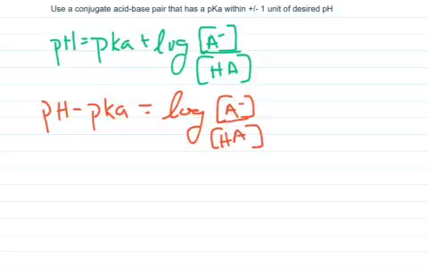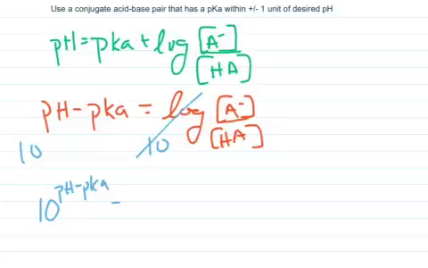Now, to get rid of the log, we need to take 10 to the power of both sides. So 10 to the pH minus pKa will equal that base over acid ratio, which is cool.